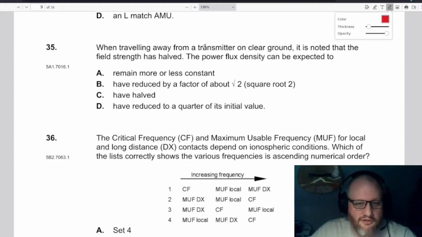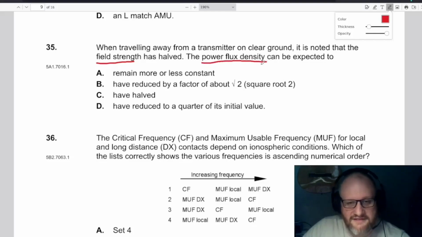So there's a couple of terms you've got to think about here. There is the field strength and then how that relates to the power flux density. Let's start by looking at field strength. The field strength is a way of describing the intensity of an electric field at a particular point.